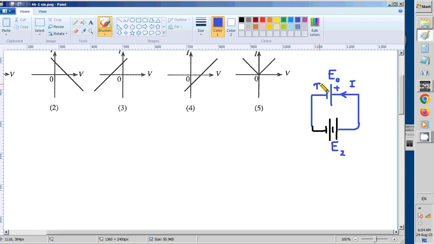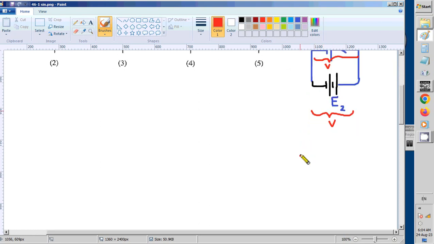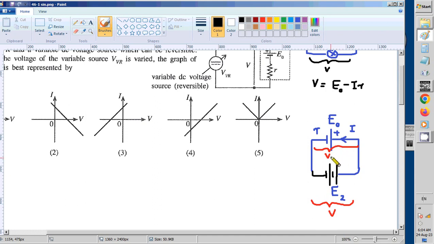Then what is the equation? There must be a voltage here, the same voltage appears here. So the equation is V equals E plus Ir, because the voltage must be greater than this voltage.